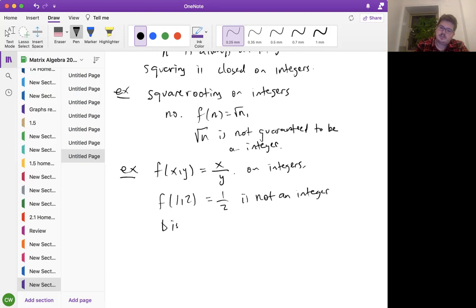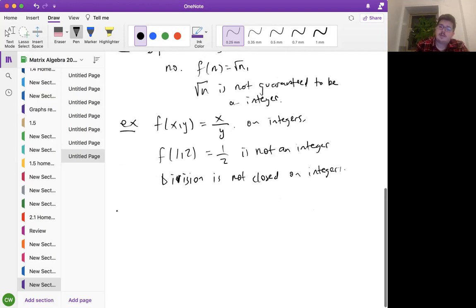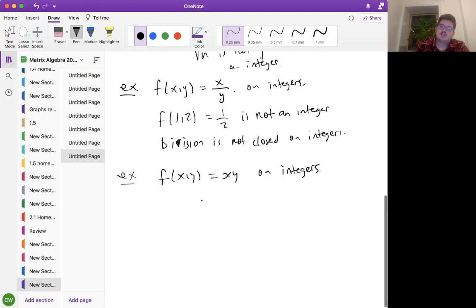So division is not closed. Multiplication is fine though, right? Why is multiplication fine? Yeah, xy is always an integer.